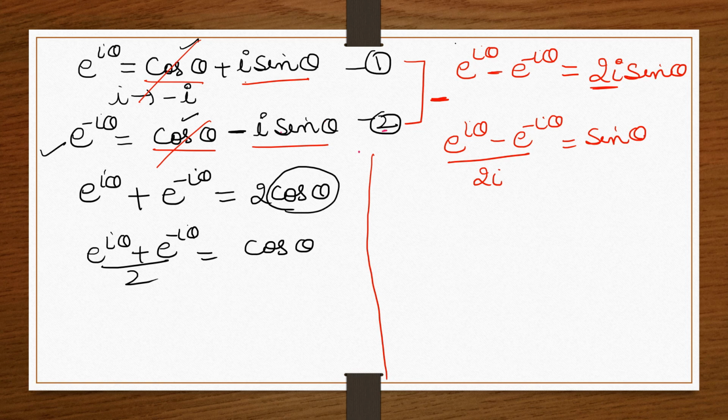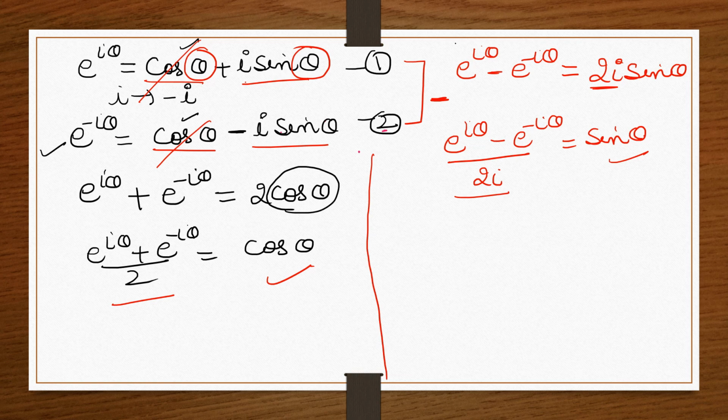This is how we can write the value of cos and sine in the form of exponential functions, right? Here theta is real, but the same thing is applicable for a complex number as well.